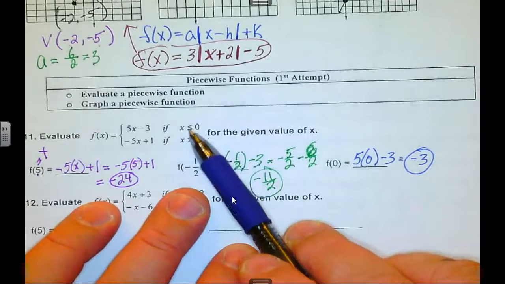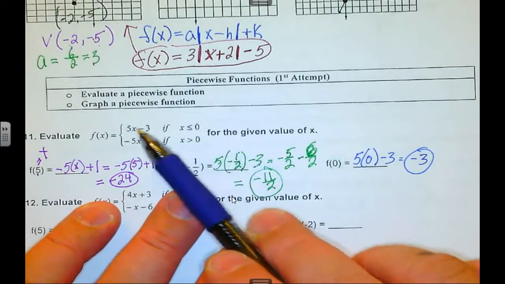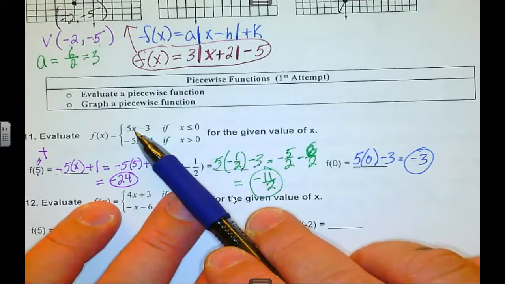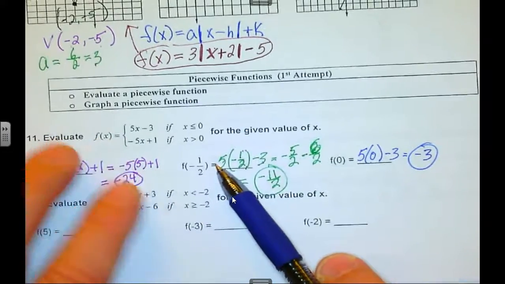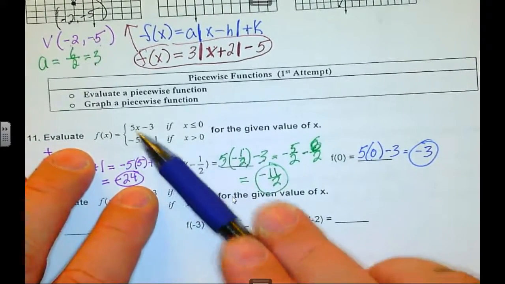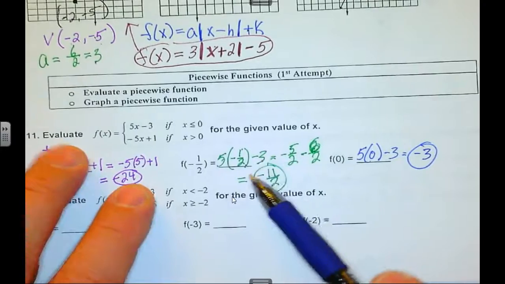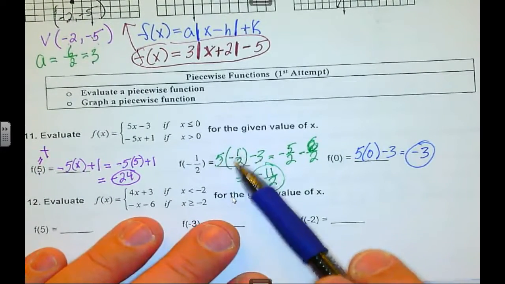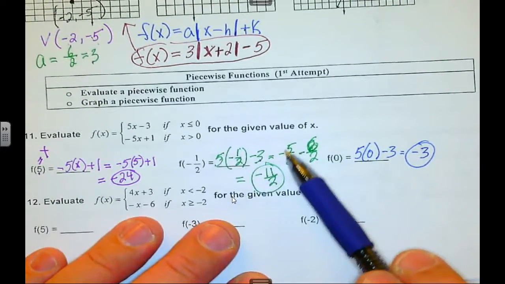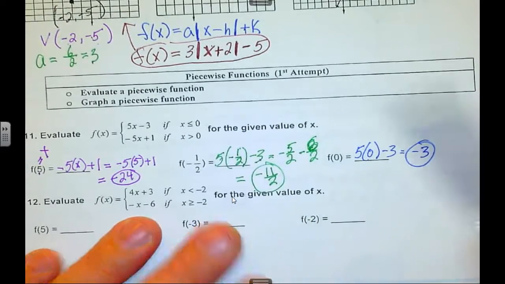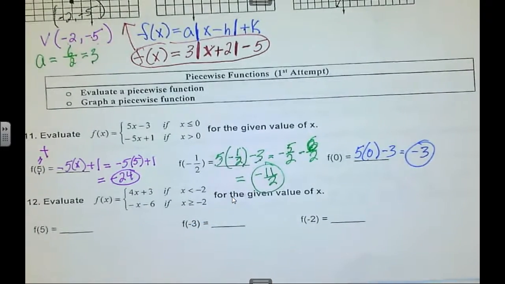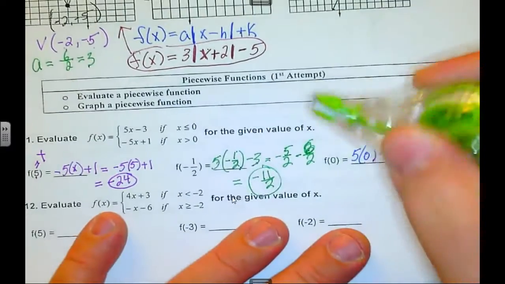Negative 1/2 is less than 0. So I have to use the top function. So I have 5, plug in negative 1/2 for my x, minus 3. 5 times negative 1/2 is negative 5/2. Okay? 3.